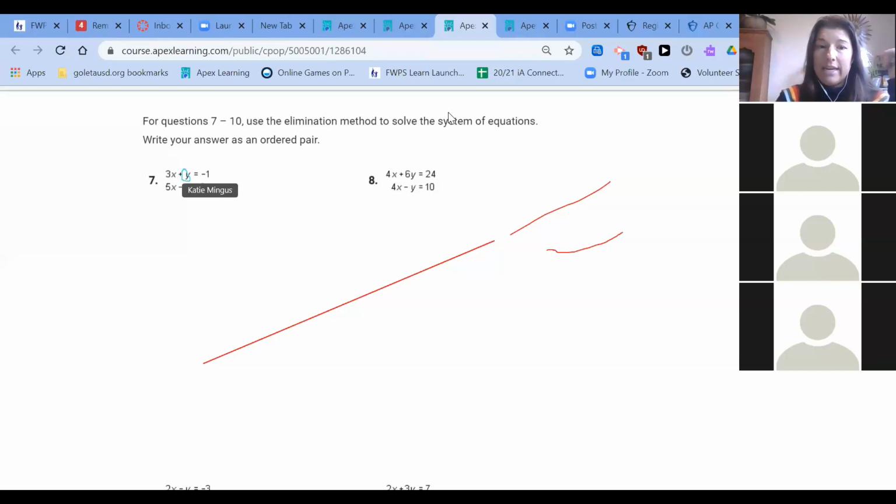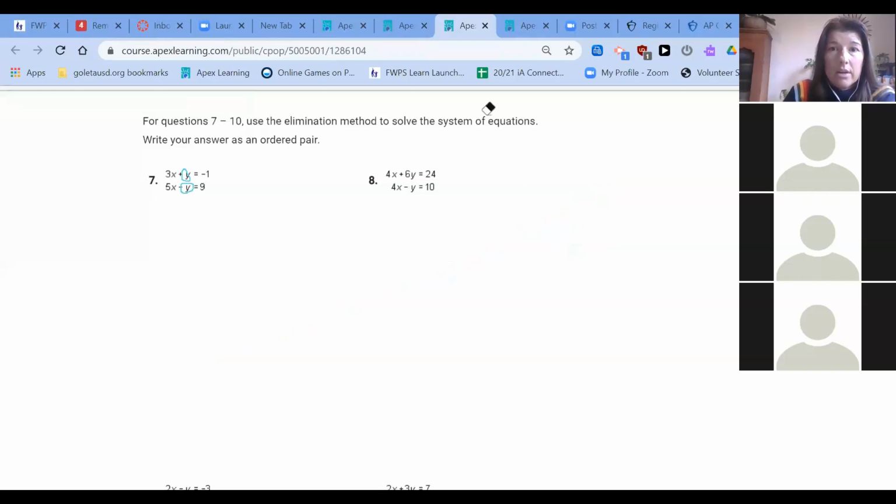Reminder, our goal with elimination is to use addition or subtraction to eliminate one of the variables completely. If we use addition here, what variable is going to cancel out? One of them will. If we add straight down, look at what happens to your y values.